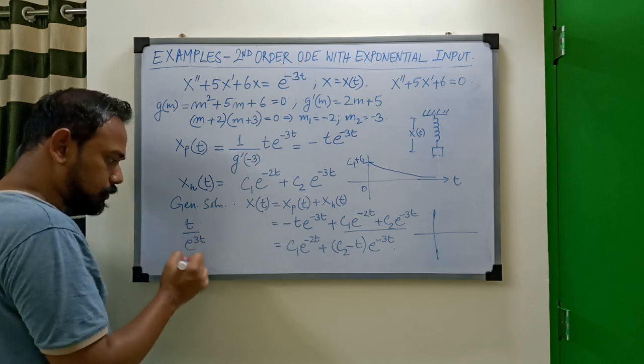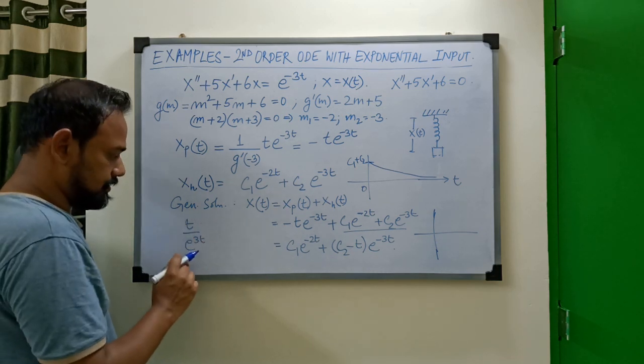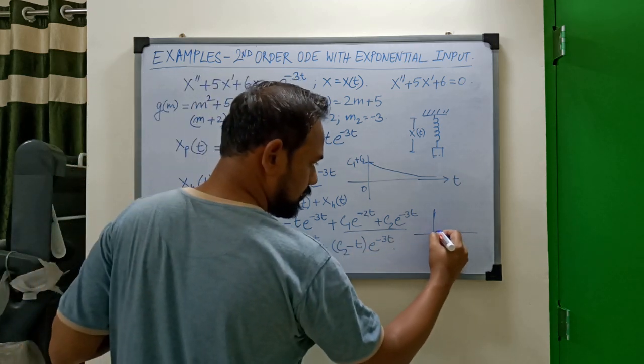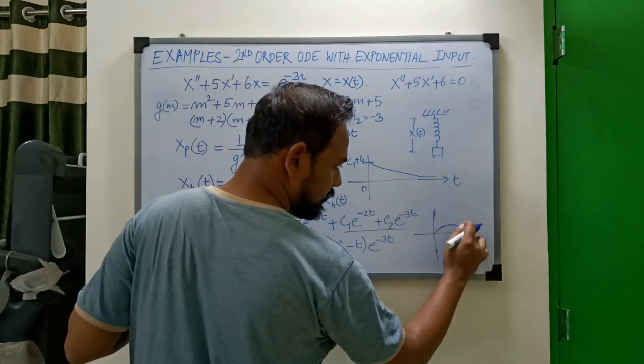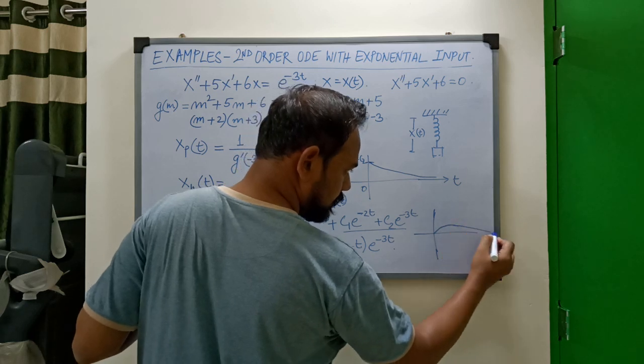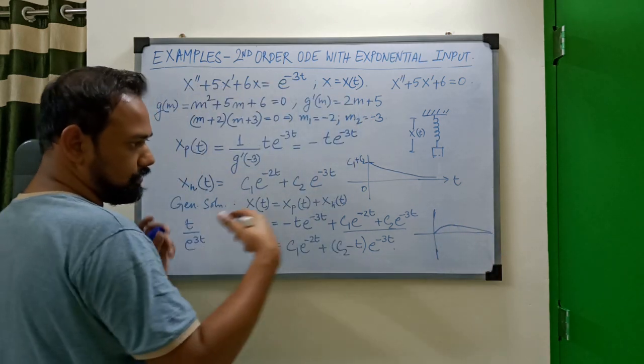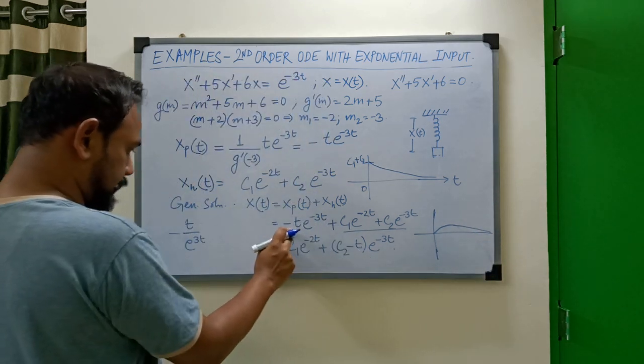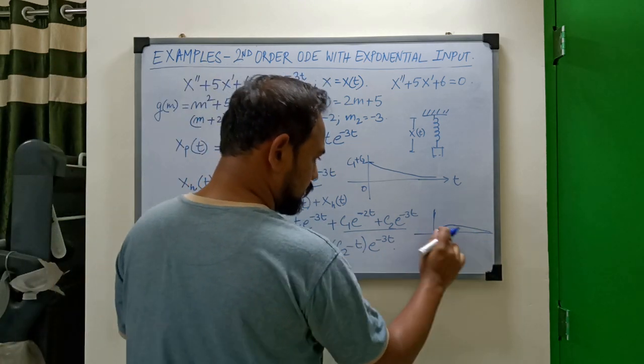And because this grows much faster than t, this graph is just going to be something like this. It sort of grows a little and then falls.